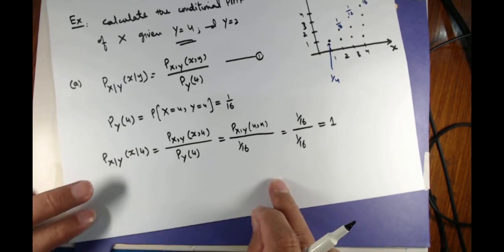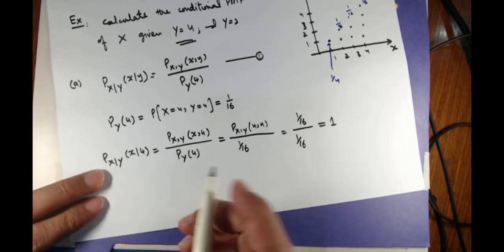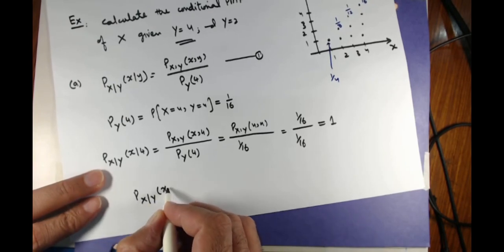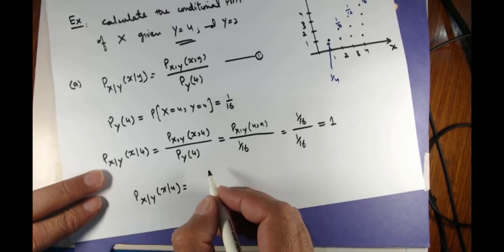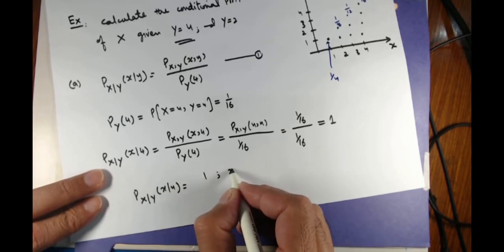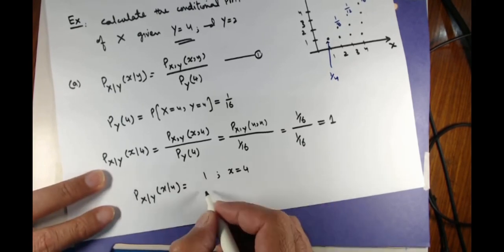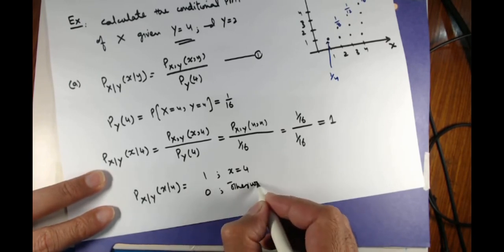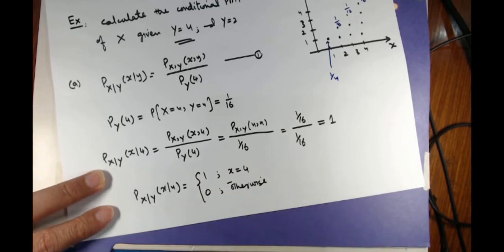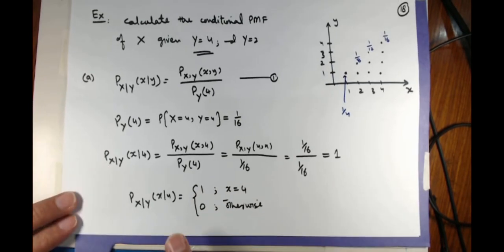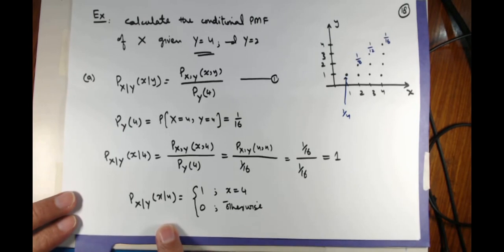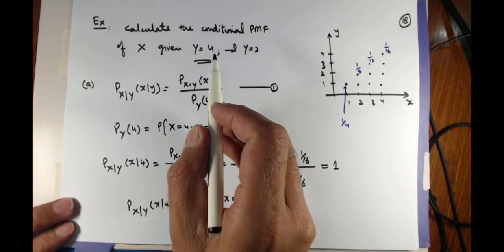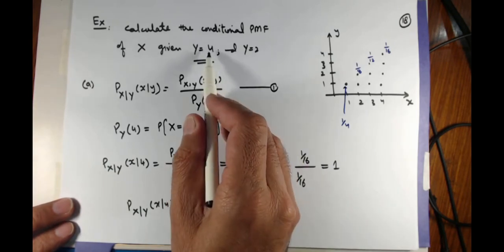So now you see this distribution, P sub X given Y of X given 4, you can write it as 1 for X is equal to 4 and 0 otherwise. So you have obtained one distribution of X out of many possibilities when you have placed Y is equal to 4.